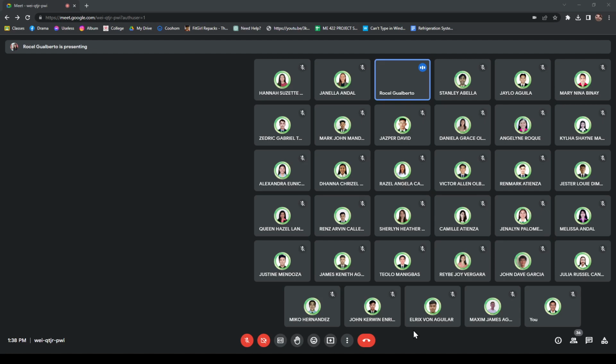So, ibig sabihin, pwede nating i-maintain yung diameter at yung height lang ang i-increase natin para ma-increase din yung volume. Okay? So, in that way, maliit pa rin na space ang kanyang i-accommodate kasi pataas lang yung ginawa natin. So, when it comes to the land area or the space it would occupy, maliit pa rin po. Okay? Kaya kalimitan po talaga ginagamit dito sa vessels na to is yung cylindrical type.